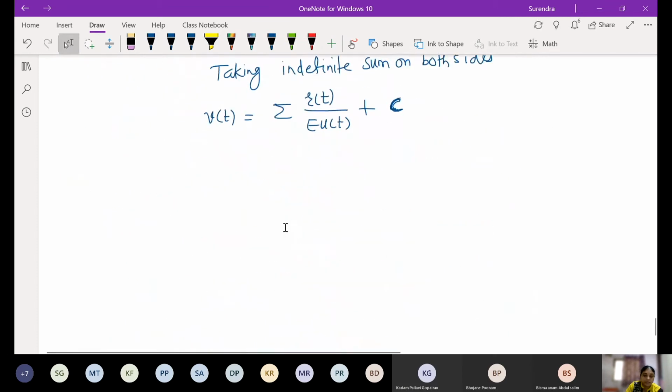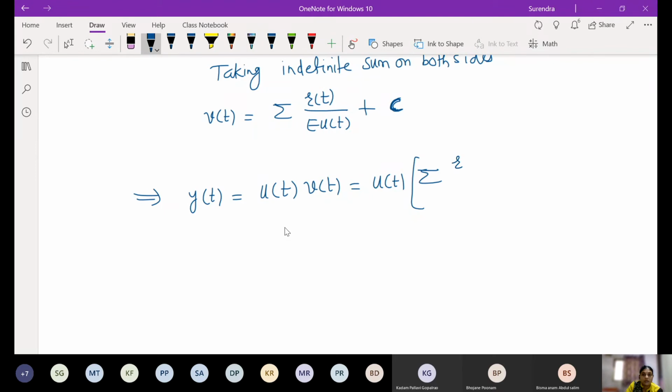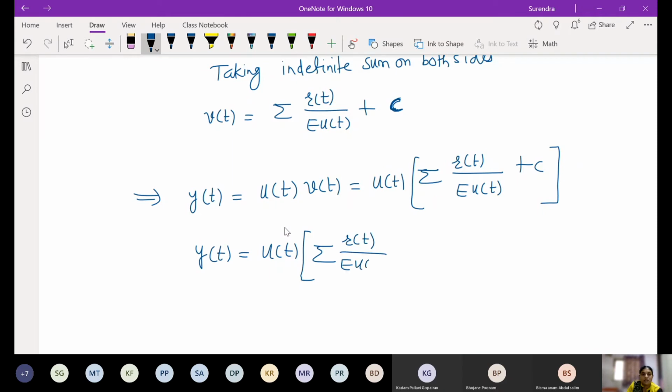So therefore, I started with this. This implies y t is nothing but u t into v t. V t is nothing but what we wanted to prove, r t upon e u of t plus constant c, and that is my y t, which is u t times the summation of r t divided by e u t plus c.